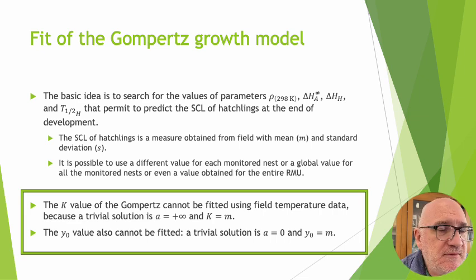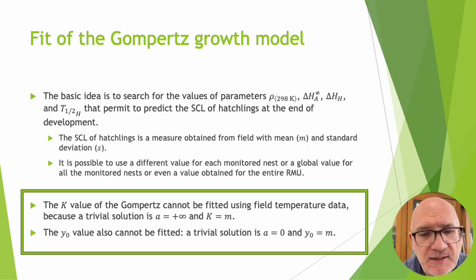The value K of the Gompertz cannot be fitted with the data we have using field temperature, because there is a trivial solution that will perfectly work. This is A equal plus infinity, and then K equal M will be the best solution.